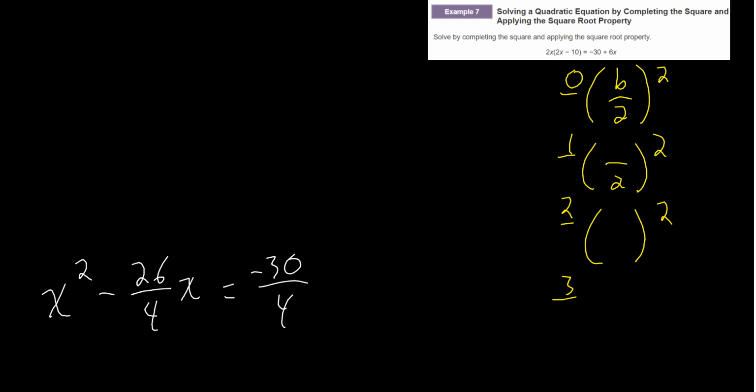Top to bottom. So we have x squared minus, well, 26 over 4 can be reduced to 13 over 2x, and that's equal to negative 30 over 4, which can be reduced to a negative 15 over 2.